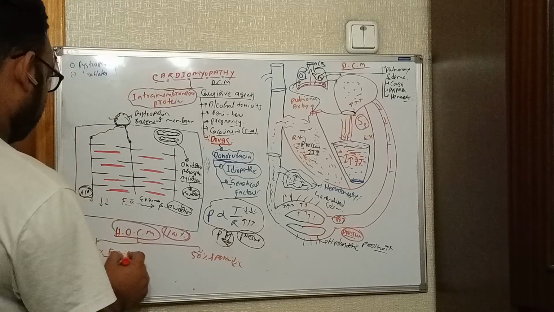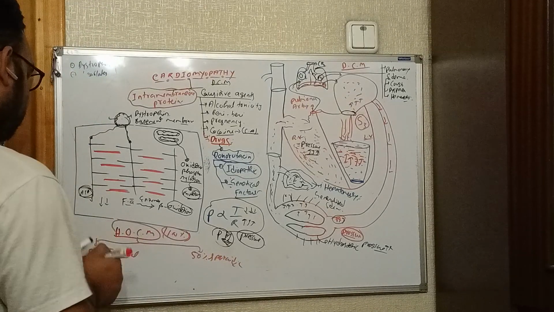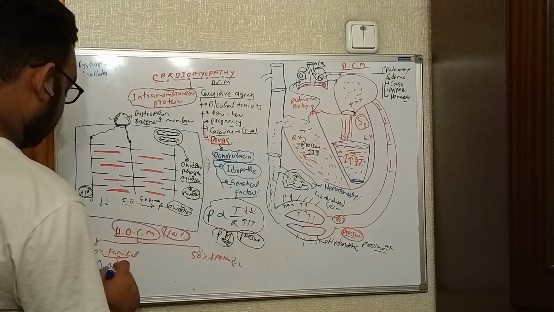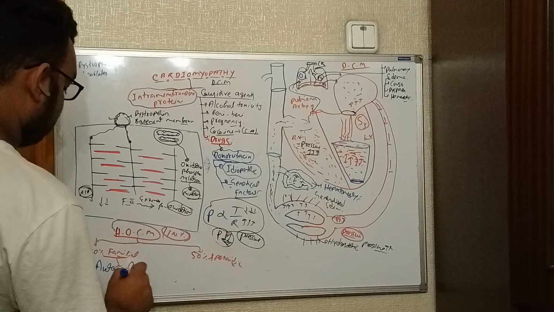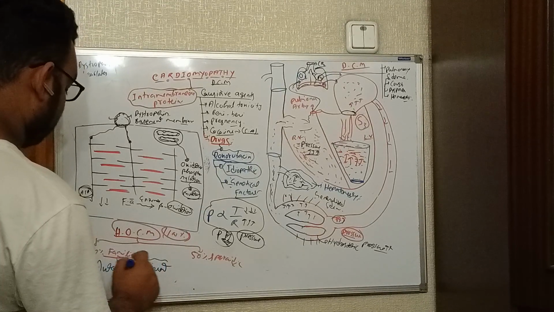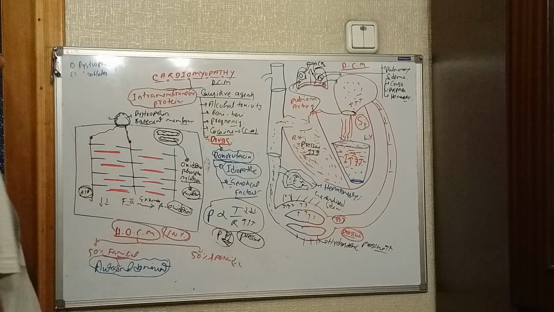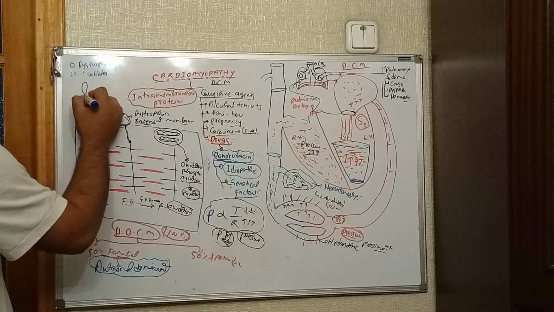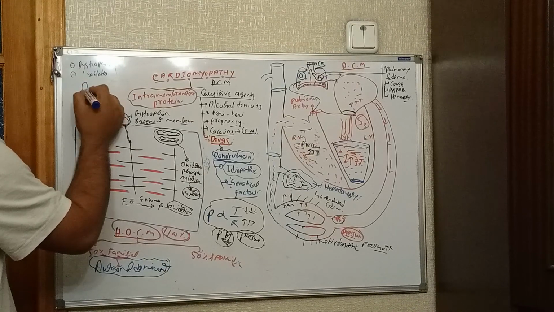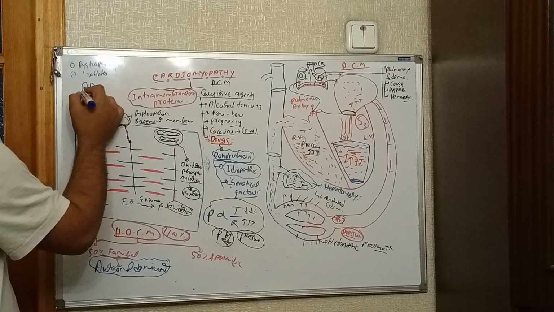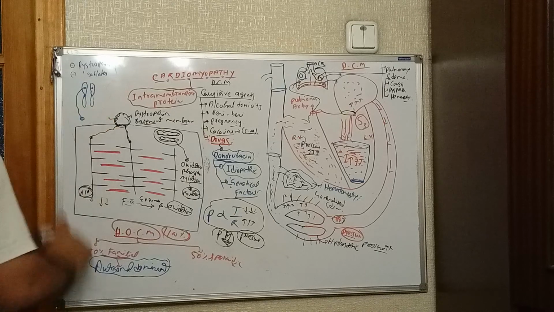Out of the 50% familial, it's autosomal dominant. If autosomal dominant, that means if one gene is defective, for example, among the two alleles, one gene is affected and the other gene is normal, this patient will have this type of problem.